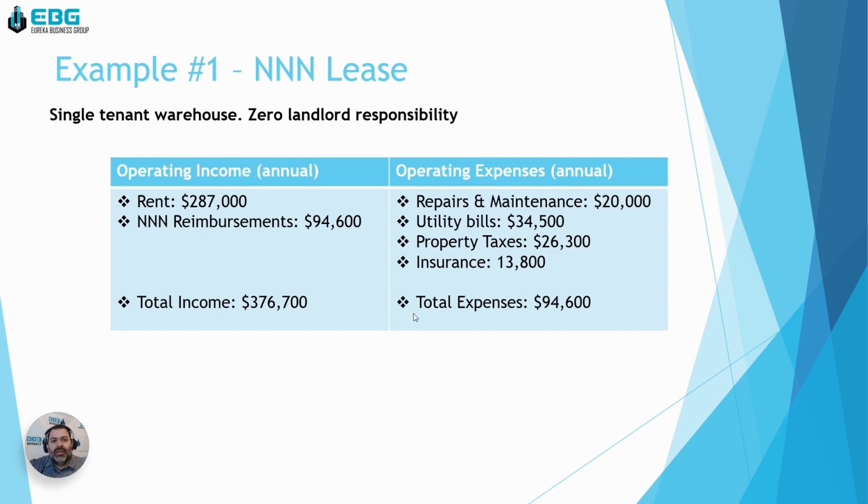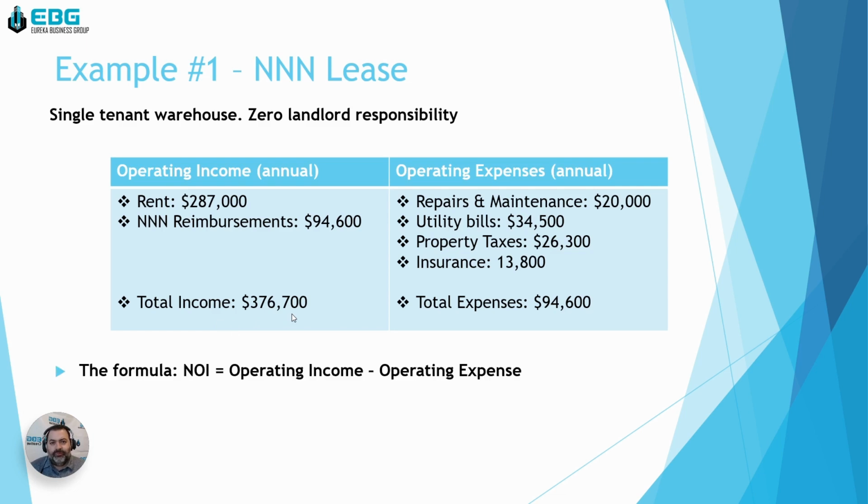On the left side, I'm looking at my income. My base rent is $287,000, and my triple net reimbursement is basically all the expenses, so I get the $94,600. My total gross income is $376,700. So what does my NOI look like?